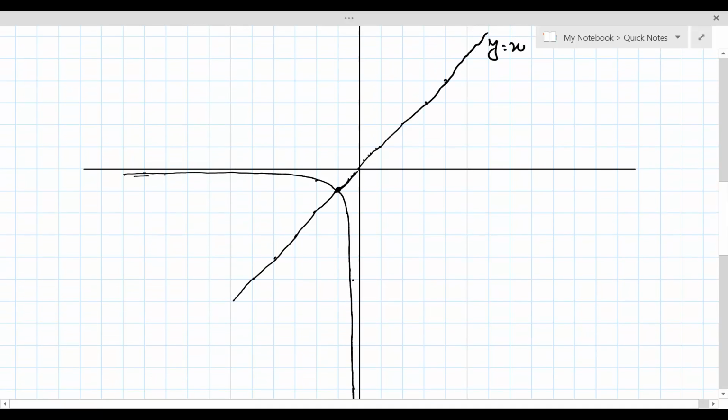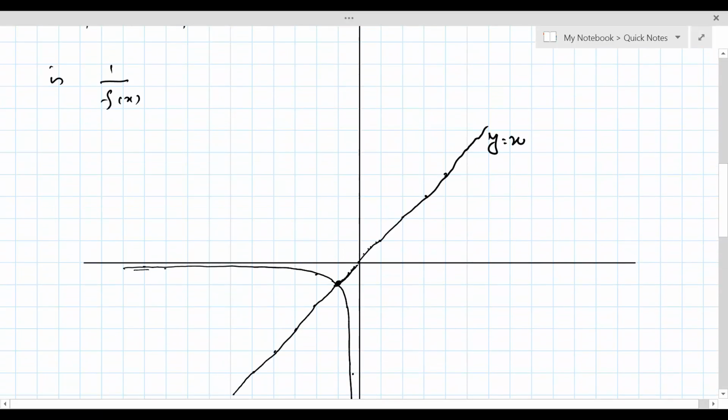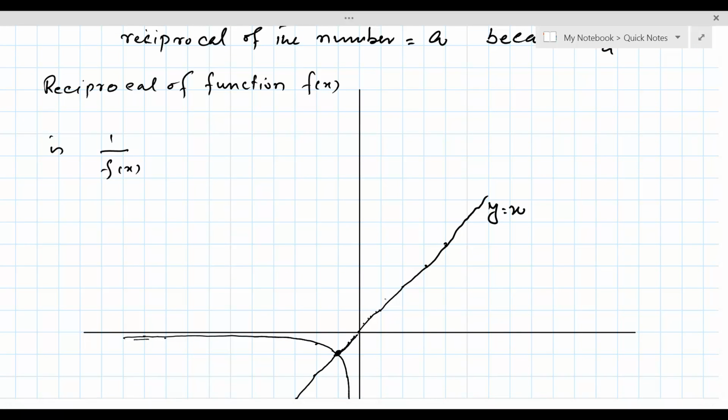So this is the graph, and similarly for our positive side, you can see that the graph passes through the point 1, 1, and otherwise this graph is like this, and at 1, 1 it just starts going along the x-axis on the plus side, but it does not touch and it doesn't cross.